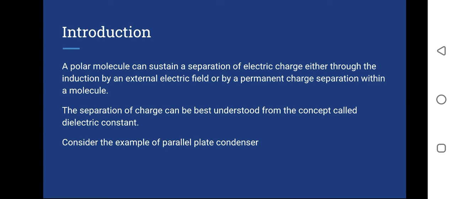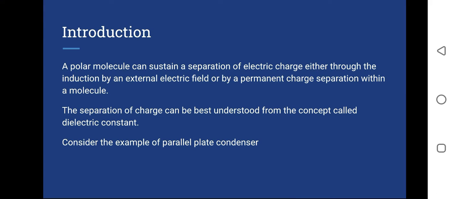The dielectric constant is a physical property that is influenced by interatomic and intermolecular attraction. A polar molecule can sustain a separation of electric charge, either induced by an external electric field or by a permanent charge separation within the molecule.